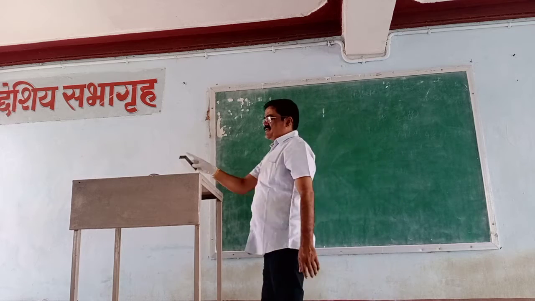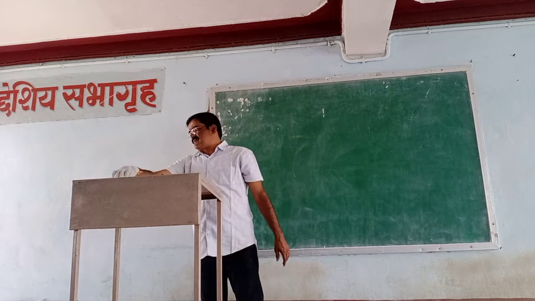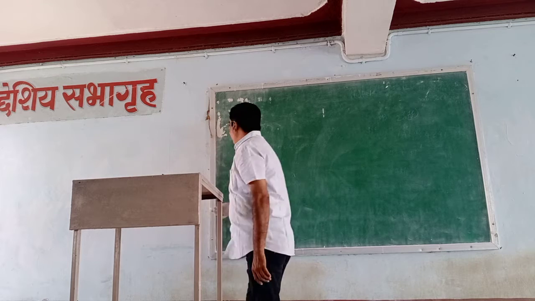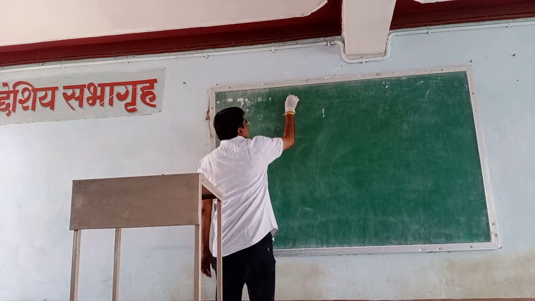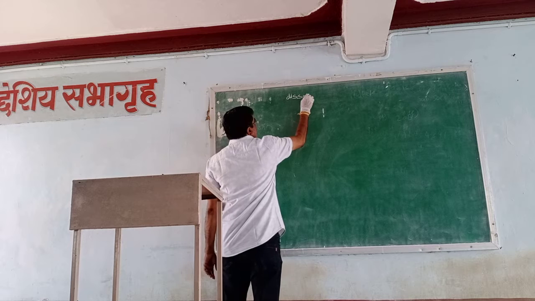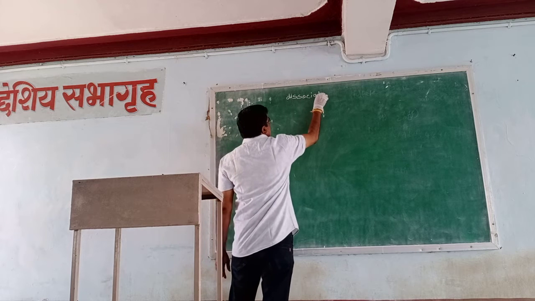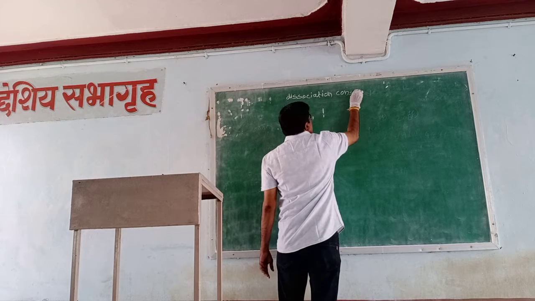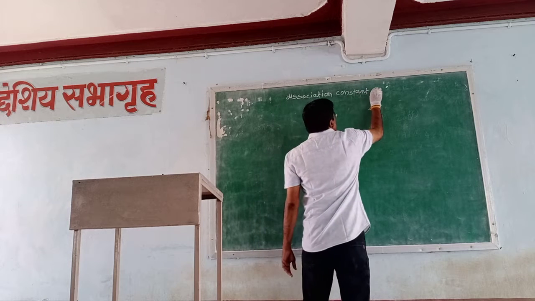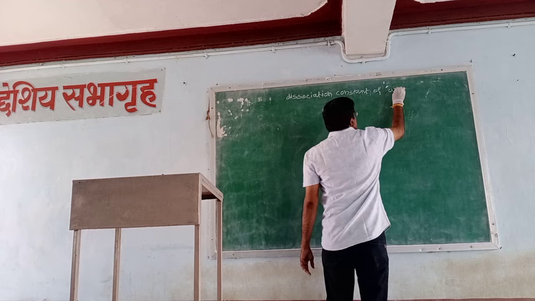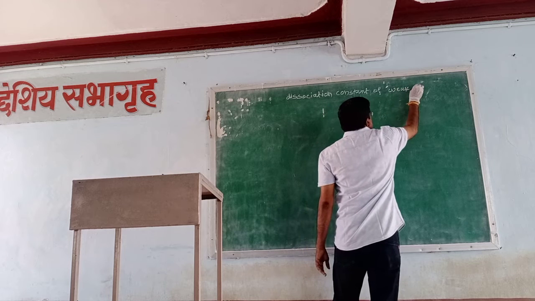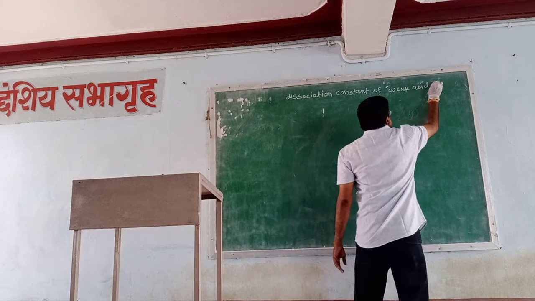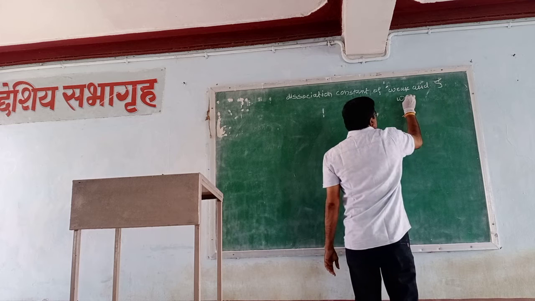The dissociation constant is nothing but the Ka, the dissociation constant of weak acid and weak base.